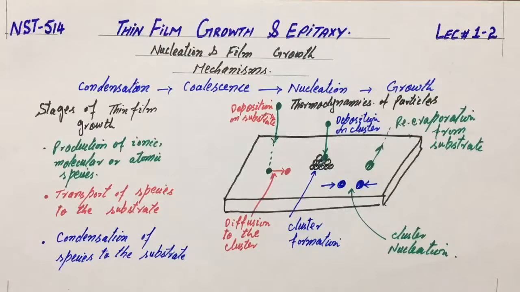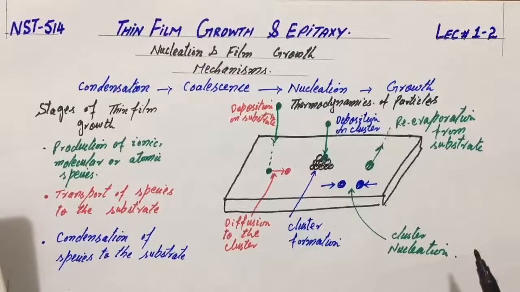Adsorption can take place on the surface of the substrate either by van der Waals bond or by chemical bond. If the adsorption takes place through the van der Waals bond, that adsorption is called physisorption, and if it is forming a covalent bond, then it is chemisorption.